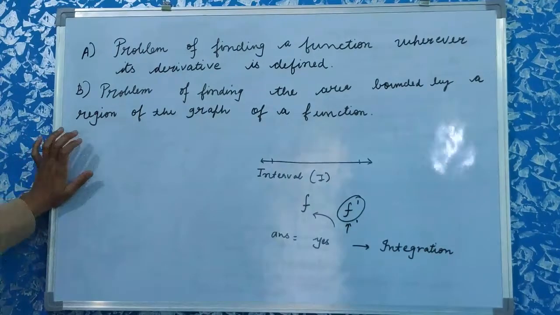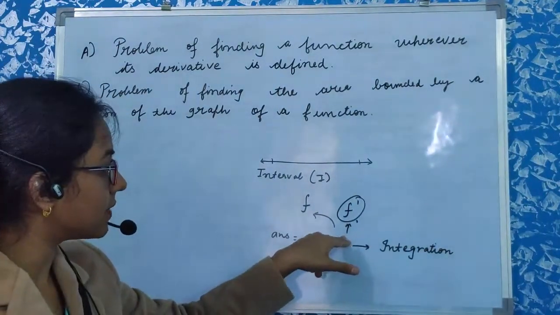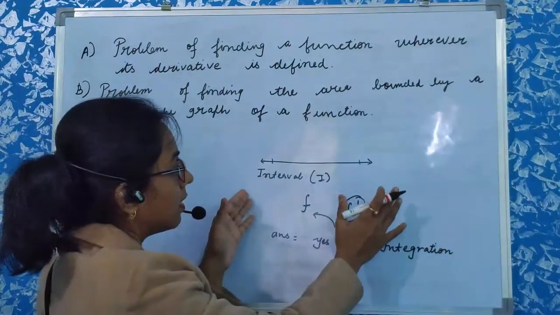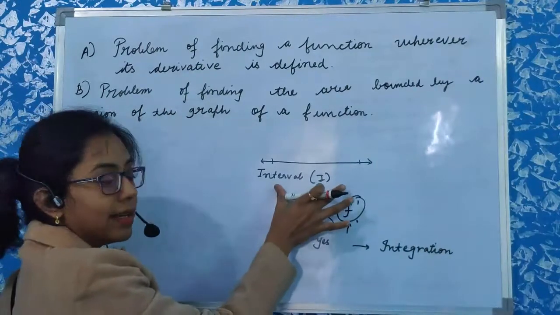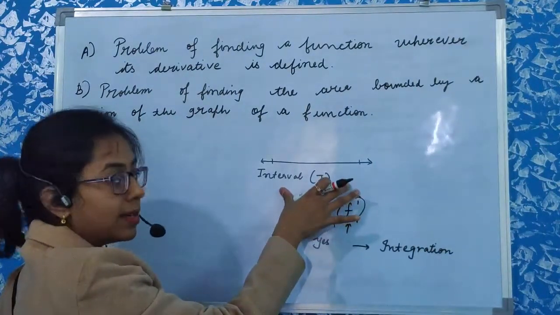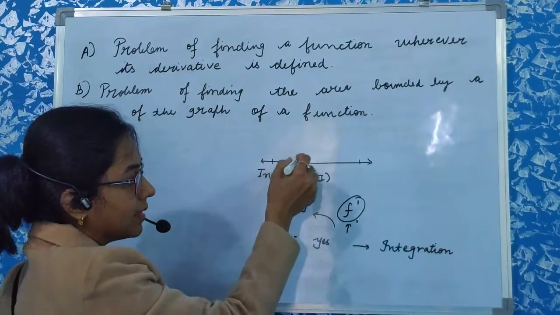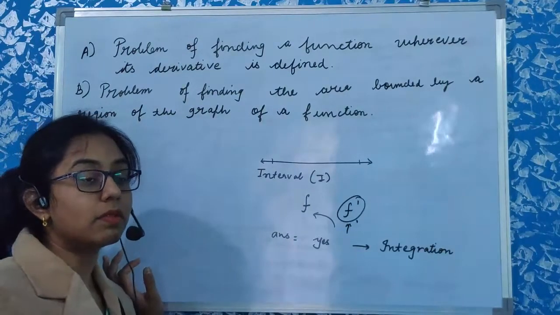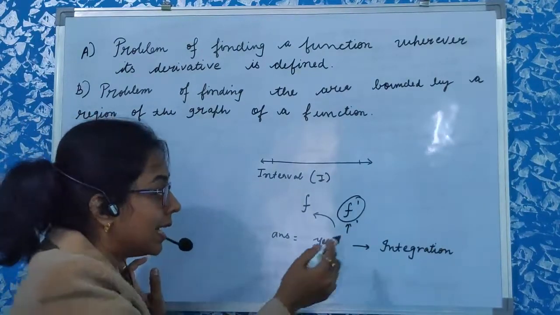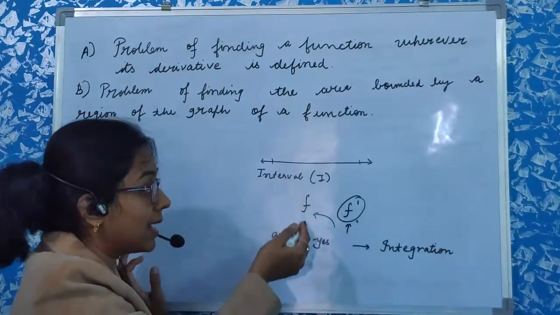So, the first problem is finding a function back wherever its derivative is defined. For example, I told you a function was differentiable in a certain interval, and that means the derivative will exist at every point of I. The natural question arises: if we have a derivative available, can we get the function back?